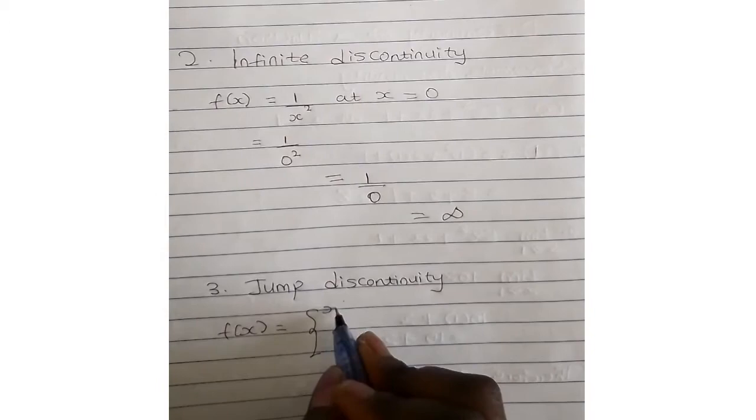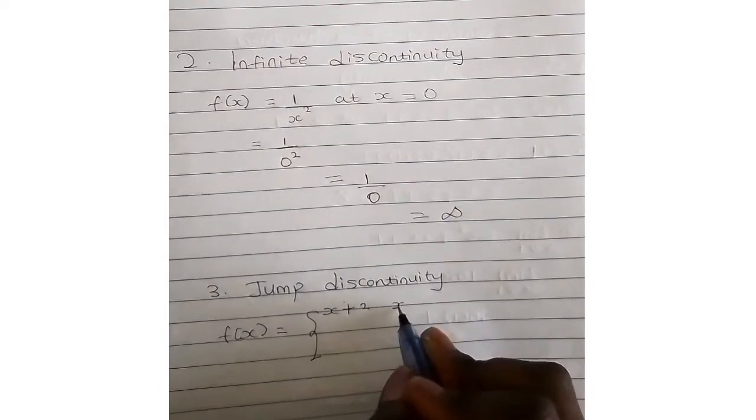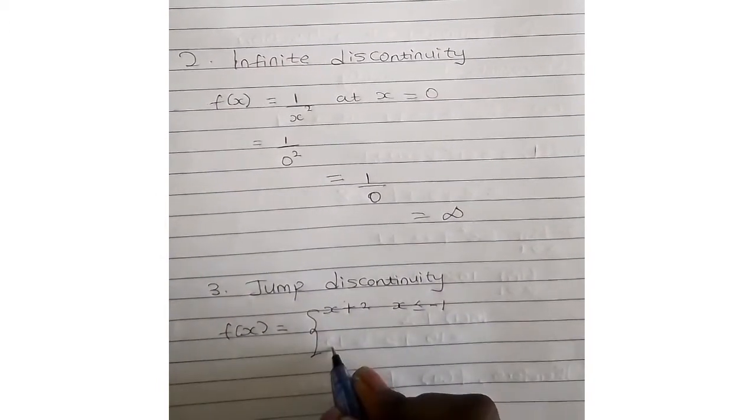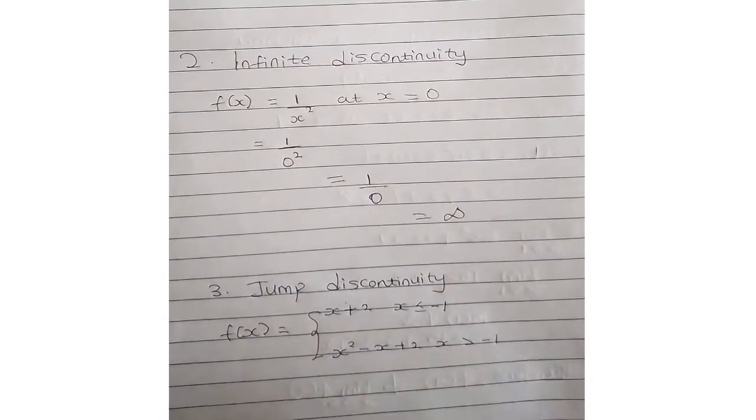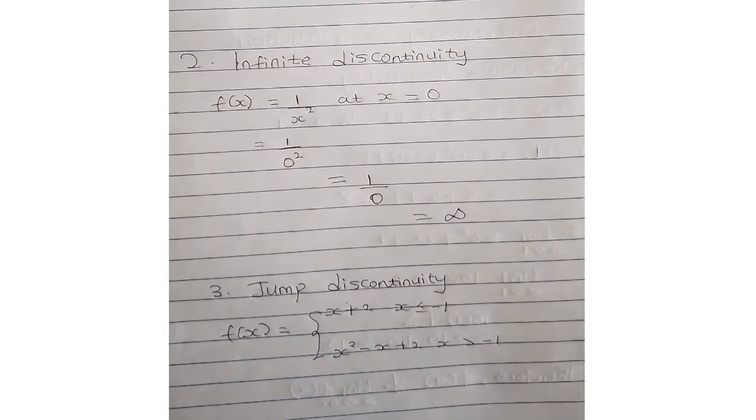Given a function, the left hand limit is x plus 2, while the right hand limit is x squared minus x plus 2.